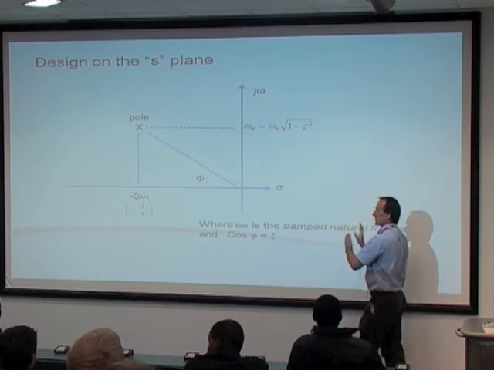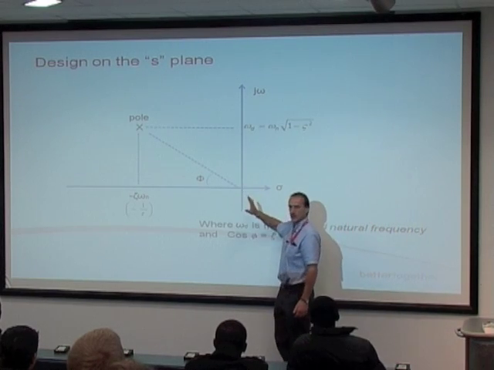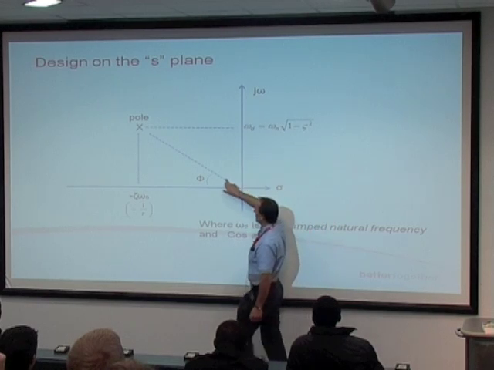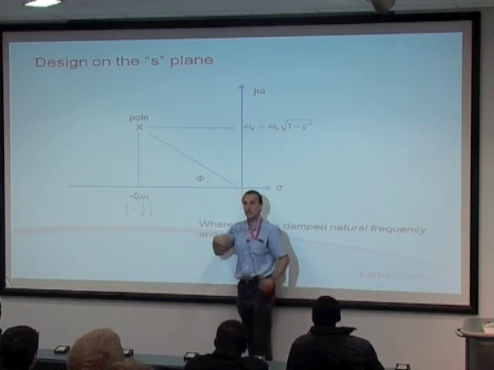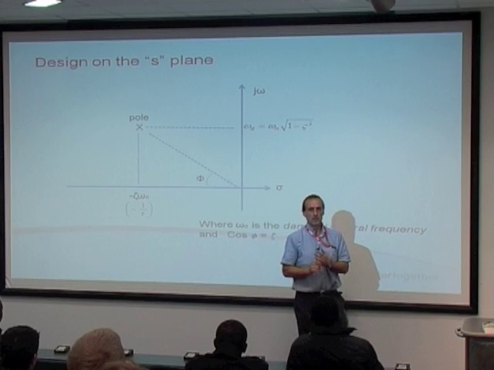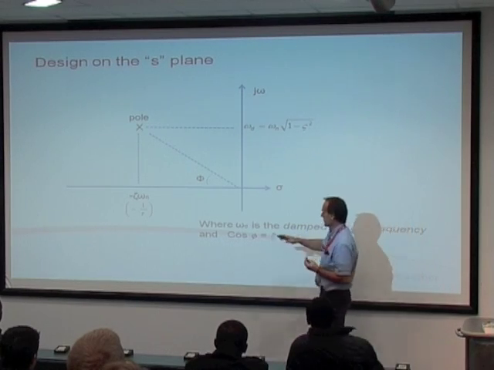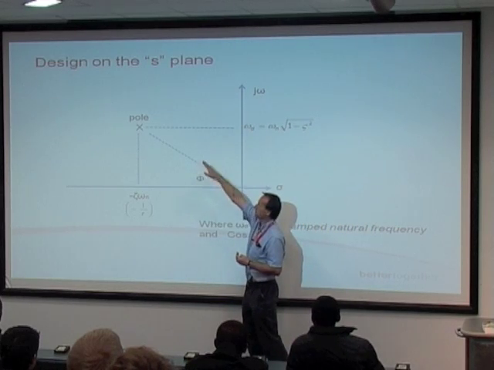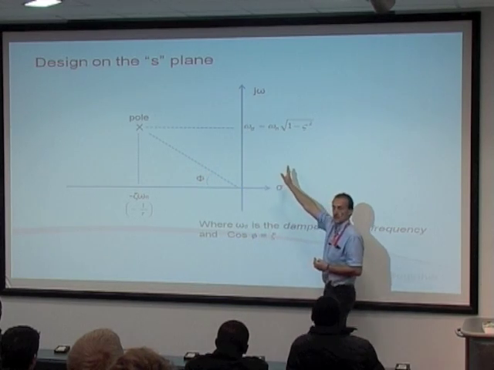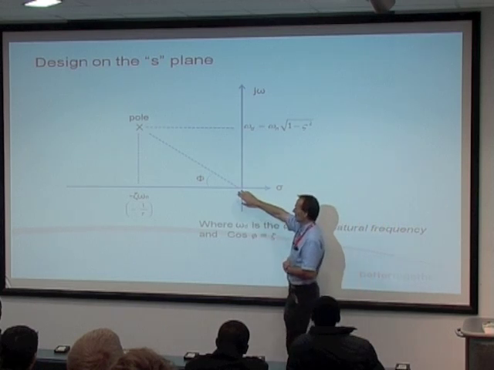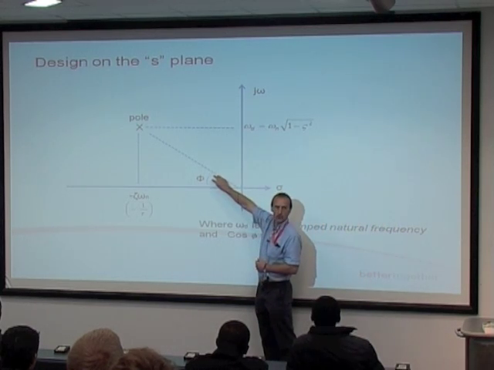I saw the hand signals, but if you take on board what I just said, that this dimension from here to the pole, the radius, if you like, is omega n. If that's unchanged, but I'm changing zeta, that pole is going to move in an arc, clockwise as it happens, because as I make the damping ratio smaller, this angle will get bigger.